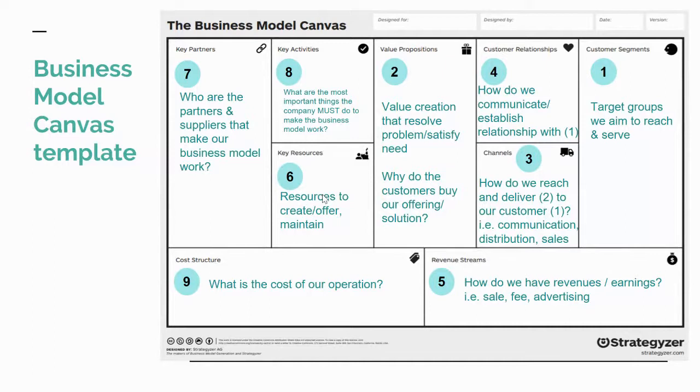It could be the designers. It could be a photographer. It could even be some scientists. So key resources are experts or resources for you to create this idea. Okay. Now this is very, very important. Key resources will be further linked to your cost structure, and I'm going to talk about it in a bit.